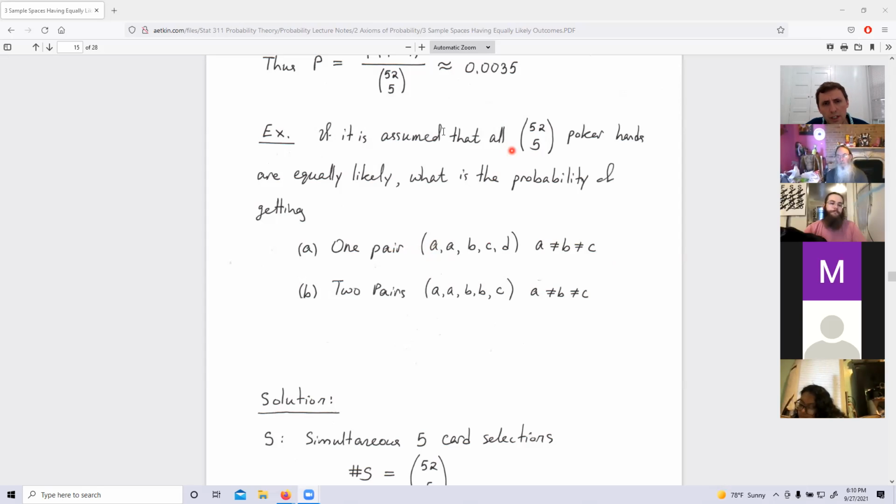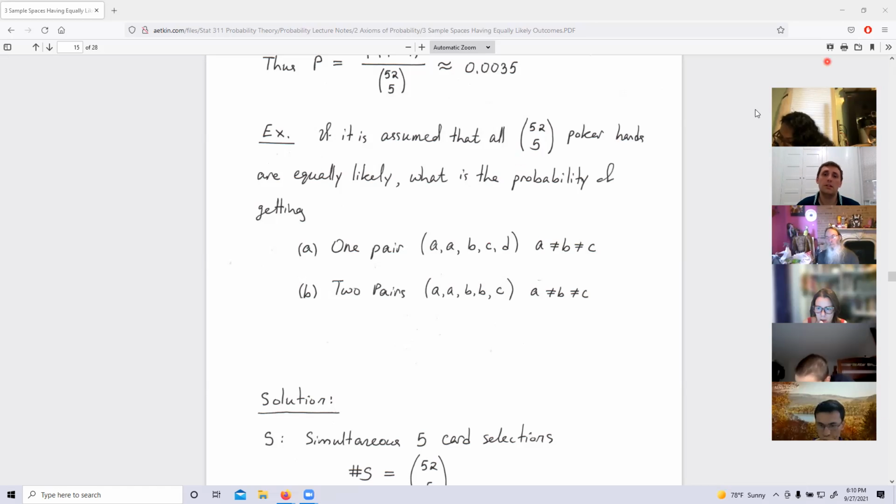Steven, maybe is it 48 or less? Let's say you need to remove, because you need to remove all those cards of the same category, not just 4 cards. You need to remove 8 cards. 44, I think. Right?